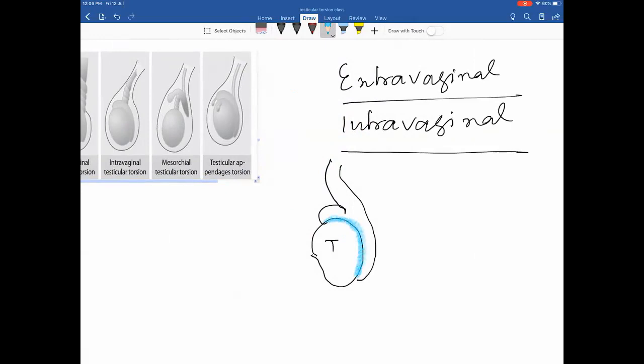Now, this thing that I've shaded in blue will be called the mesorchium, which means basically the mesentery of the testes, which brings the blood. As you can see, the mesorchium of the testes looks like, north upwards, epididymis, testes, and the spermatic cord, which is the normal orientation.